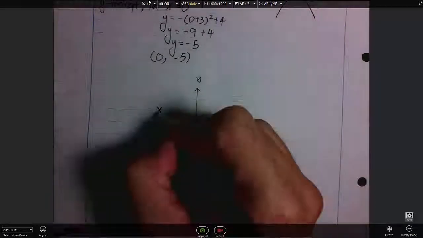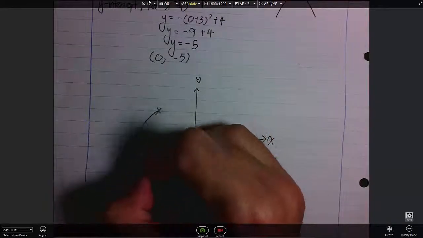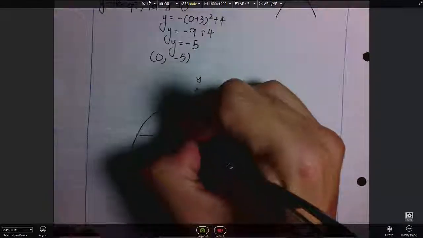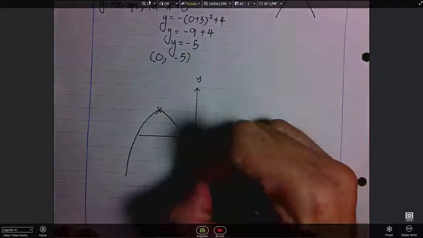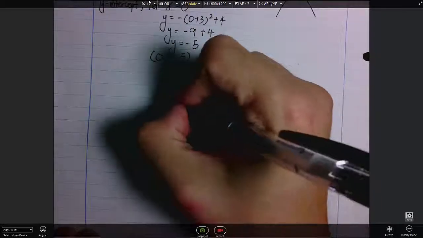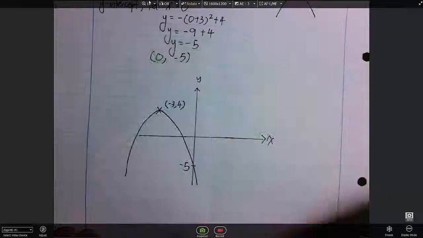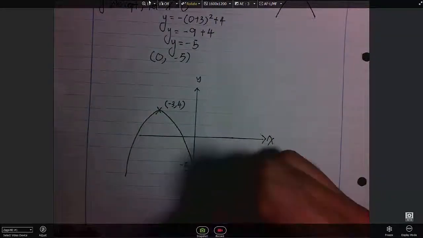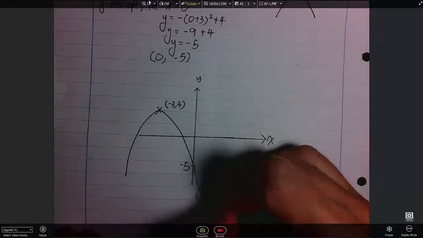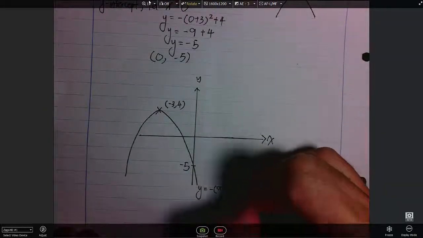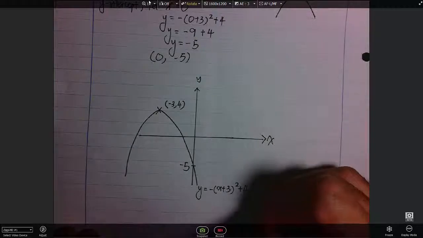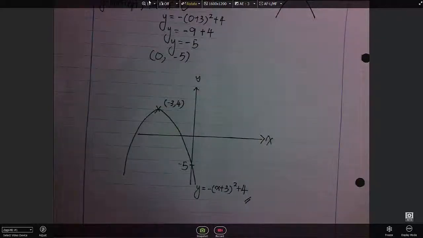So I sketch like that, and like that. Negative 5 is here, and my turning point is negative 3, 4. Then just label the graph as y equals negative (x plus 3) squared plus 4. And we are done with the examples for sketching of the completed square form.